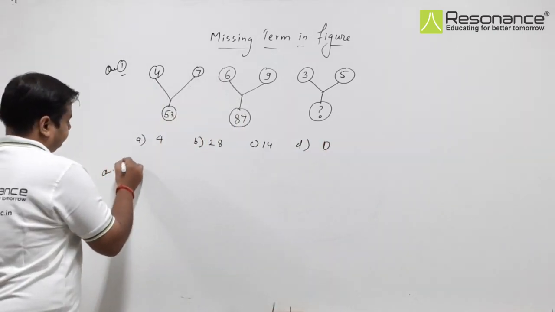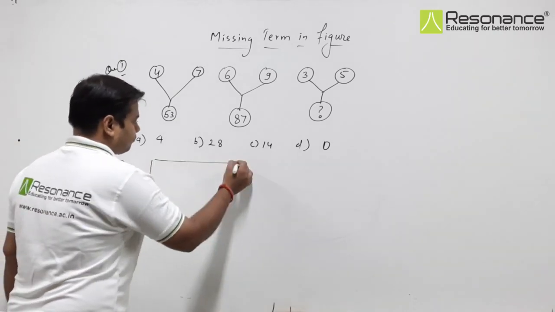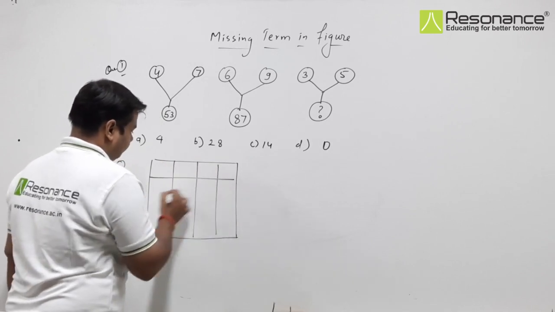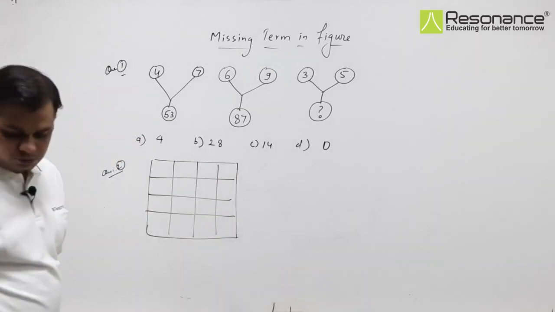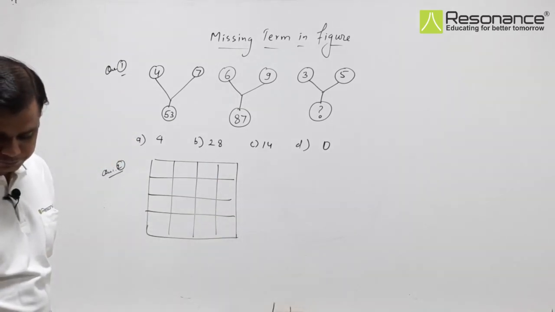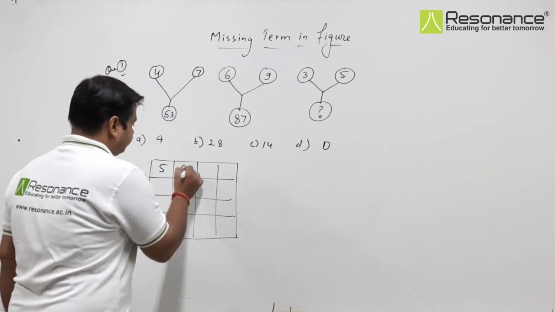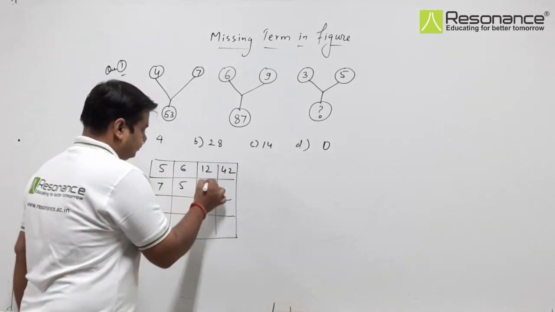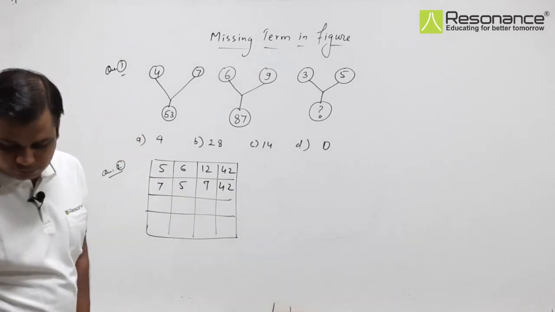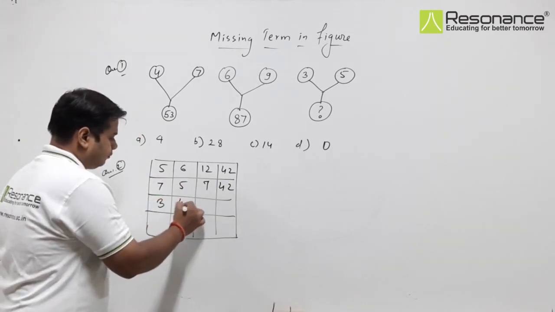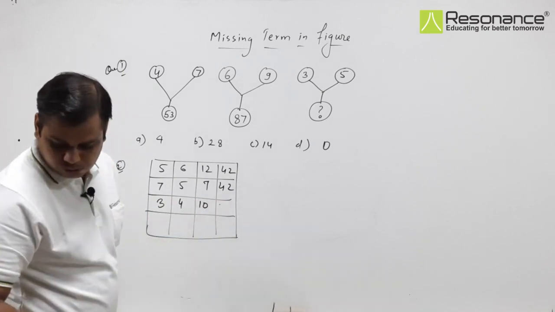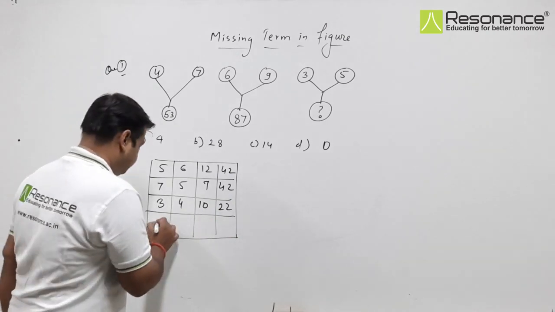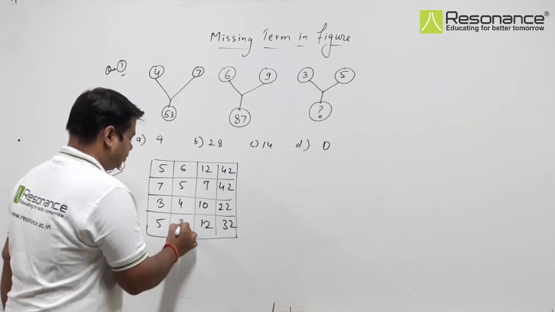Second question: we have a grid of 4 by 4. 5, 6, 12, 42, 7, 5, 7, 42, 3, 4, 10, 22, 5, 12, 32, question mark.